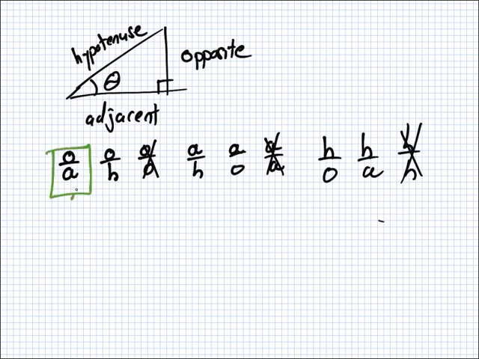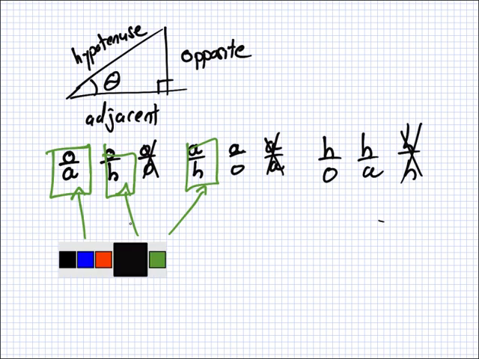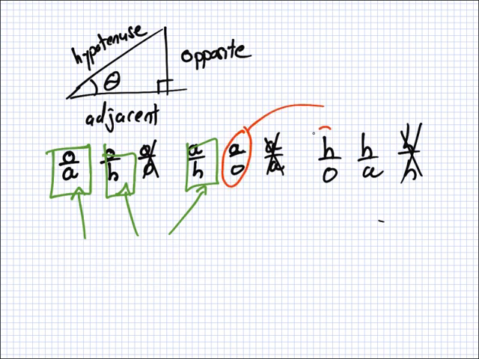The 3 we're going to have a look at: opposite compared with adjacent, opposite compared with hypotenuse, and adjacent compared with hypotenuse. This is what we'll look at. But I think some of you might know this, that the other 3 are also useful too. These ones form sine, cos, and tan, which you probably have heard of before.